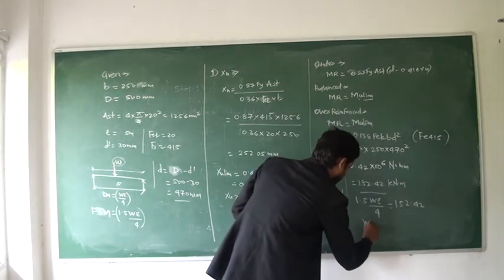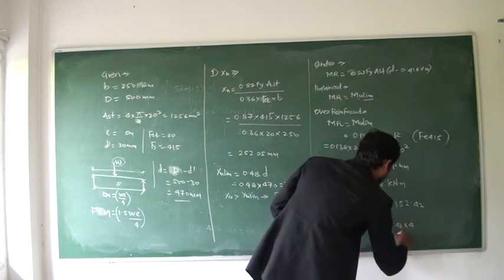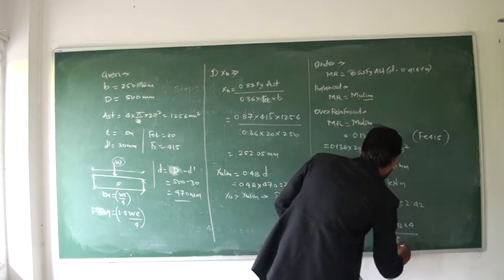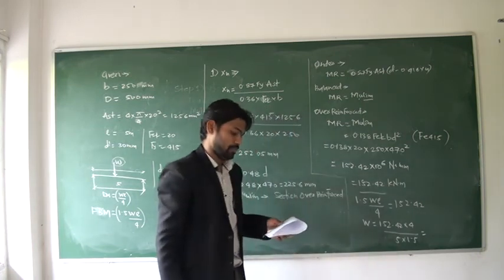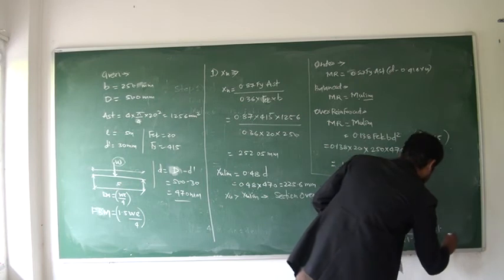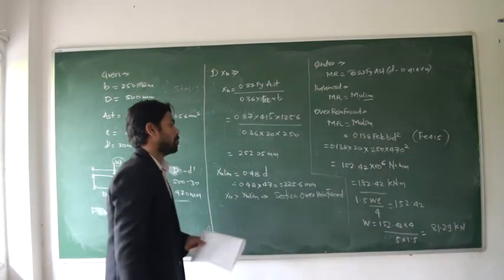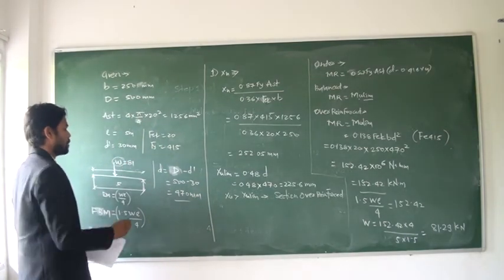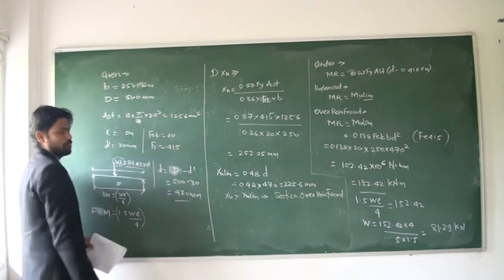We want to calculate W. So 152.42 multiplied by 4 divided by length, which is 5 meter, and this 1.5 is our partial safety factor. If you calculate this, you will get 81.29 kilonewton. Means for this particular beam, the safe concentrated load at the center which can be carried by this beam is 81.29 kilonewton, not more than this.